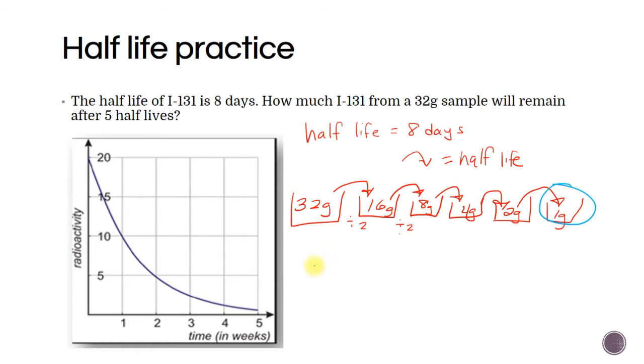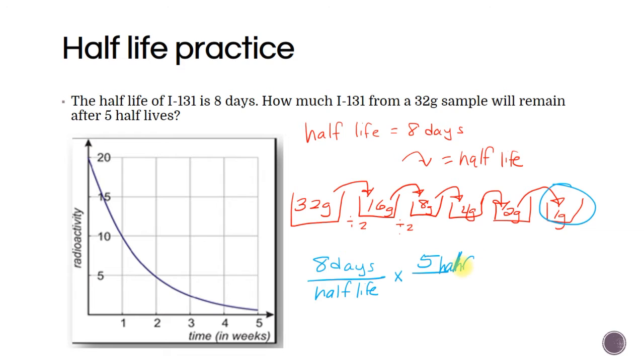You can also figure that out based on 8 days for every half-life. If we have a statement where half-life equals 8 days, we can turn that into a fraction: 8 days for every half-life. So we can figure out how long it has been because we know that there were 5 half-lives.